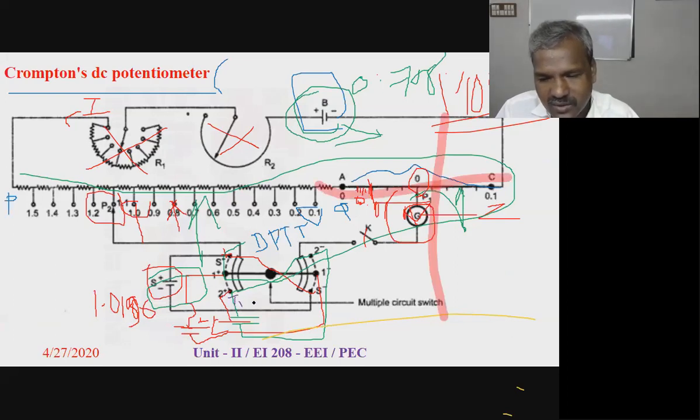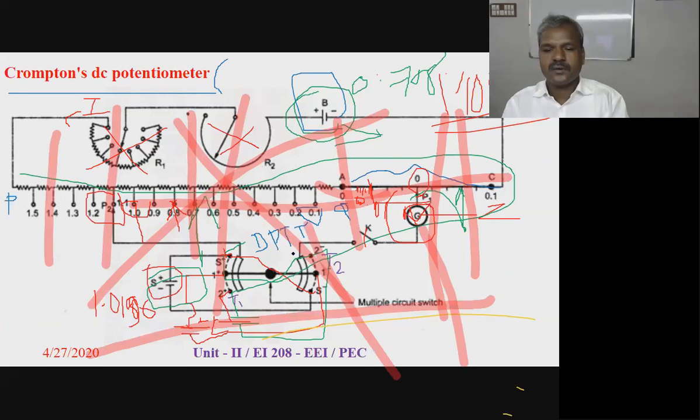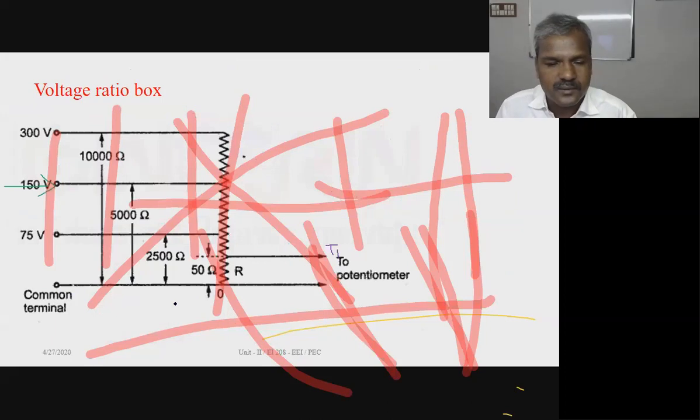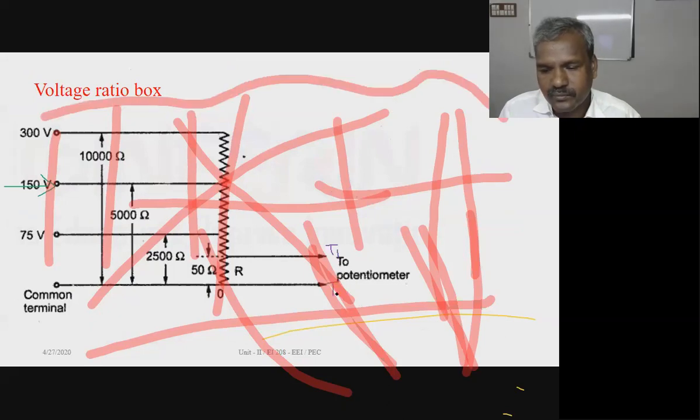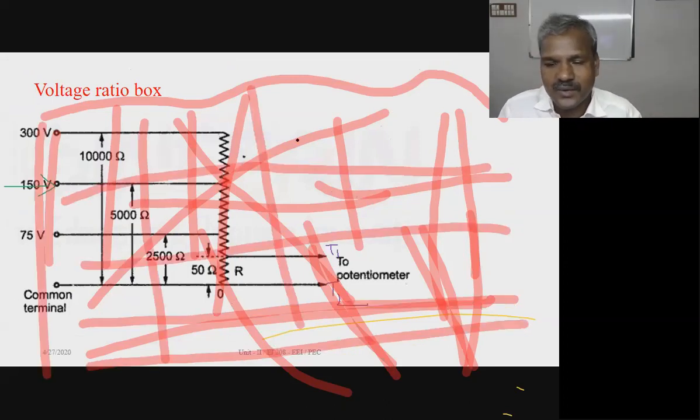T1 is positive and T2 is negative. So you connect T1 to that position, and here this position is T2. This T1 and T2 we connect in the bridge.